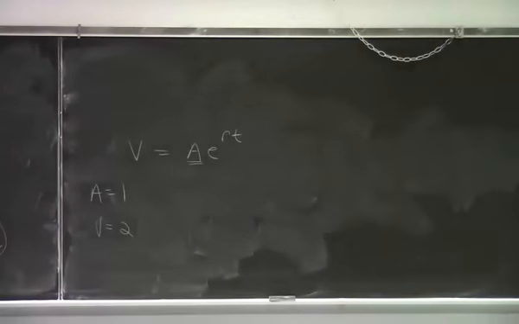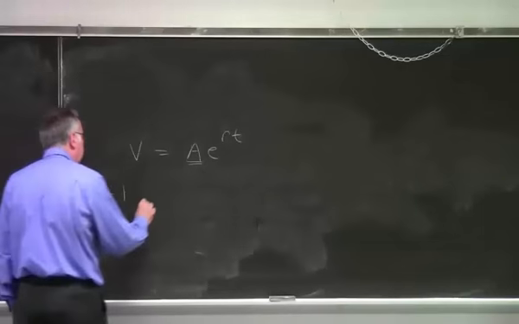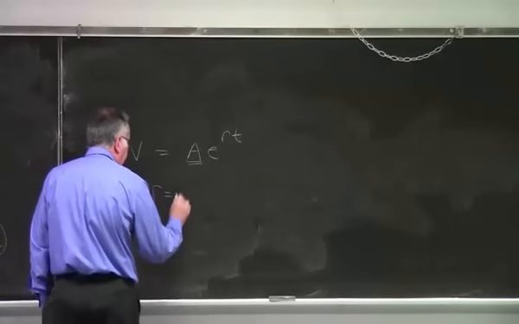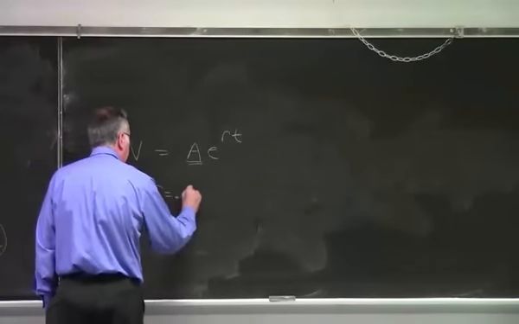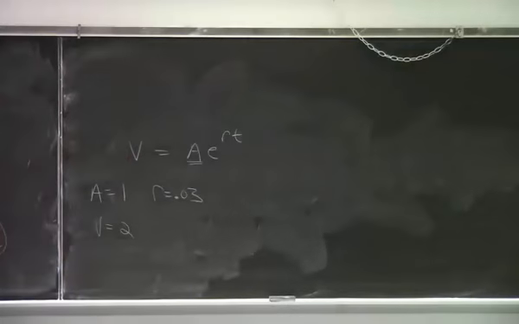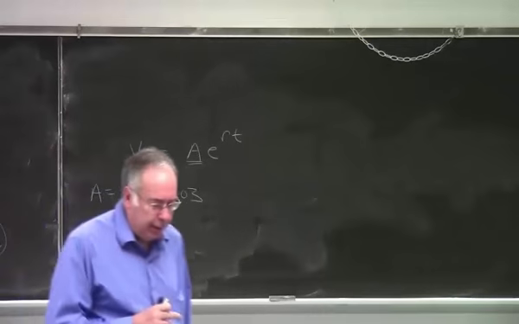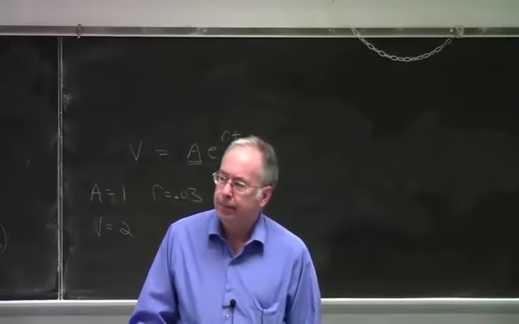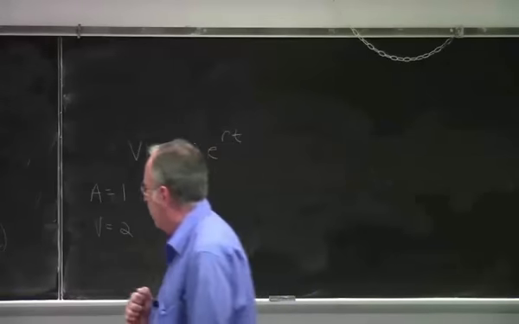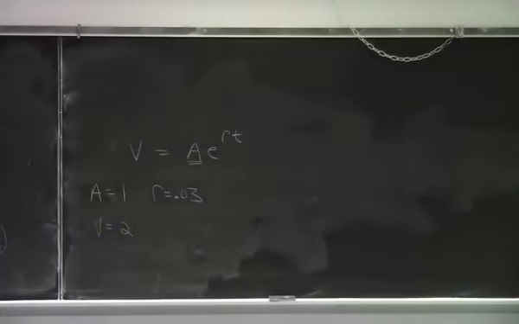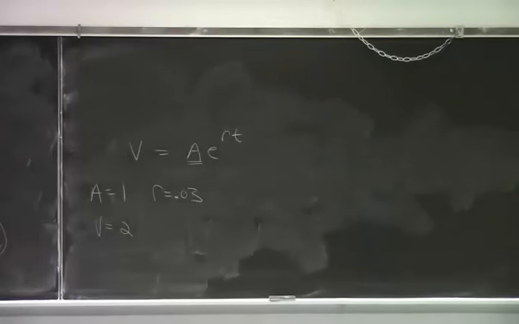Now, suppose the interest rate is 3%. The continuously compounded interest rate, let's say, is 3%. Now, the question is, how long will you have to wait before you can retire? How long will you have to wait before this $1 million becomes $2 million?